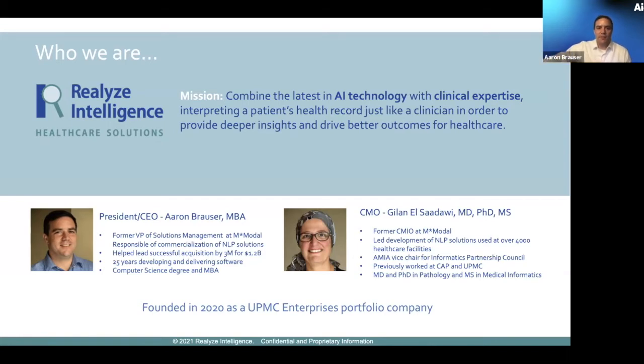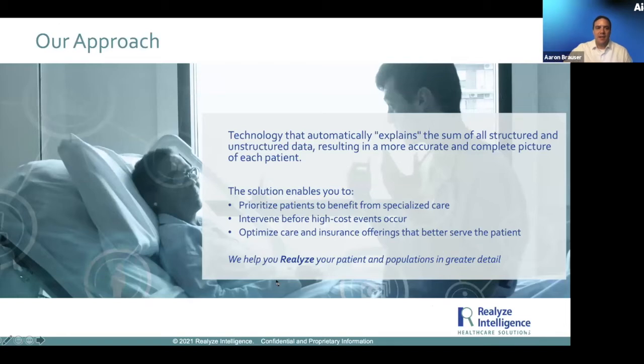To get going into exactly who we are and what we do, our approach is to use the latest in AI technology to explain the patient in a way that hasn't been possible to date by just looking at structured data. Not only do we look at all of the data that's being collected, we look at what's in the clinical charts, or the unstructured data.